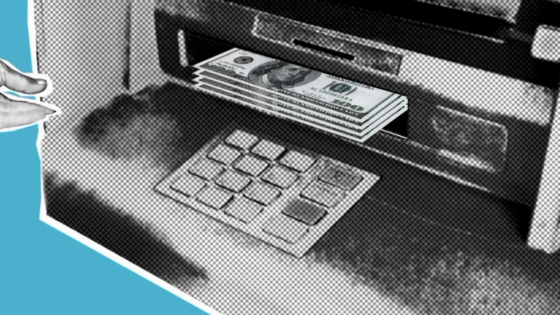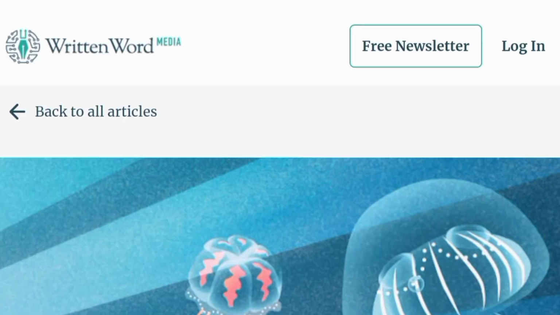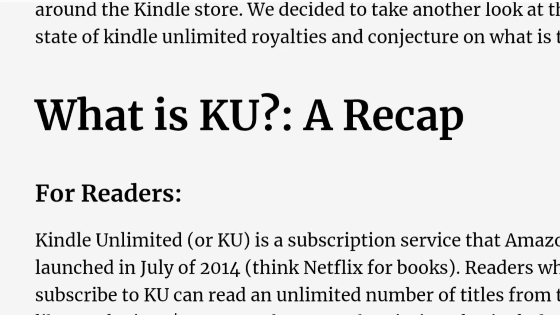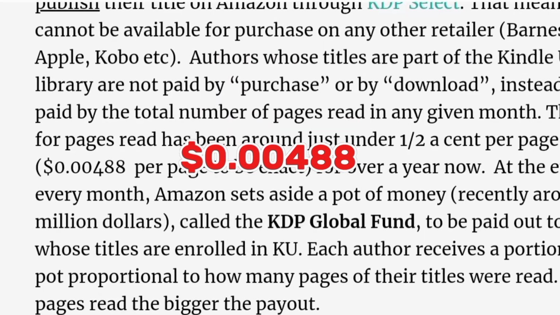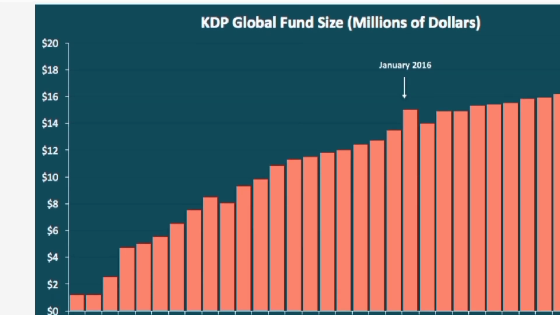But for some time now, I think this month, November, I made a cross check again, and I think they've increased it to 0.00488. So as of now, November 2024, Amazon or KDP pays you 0.00488 per page when people go there and read your book.